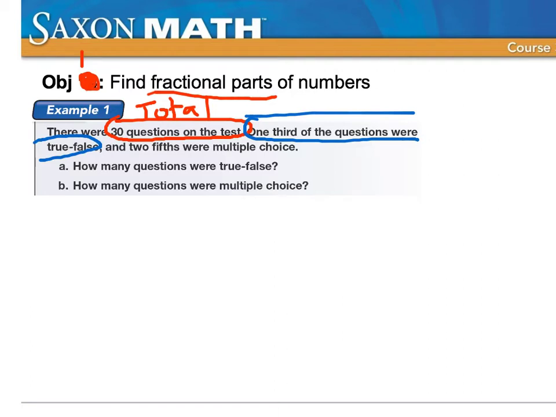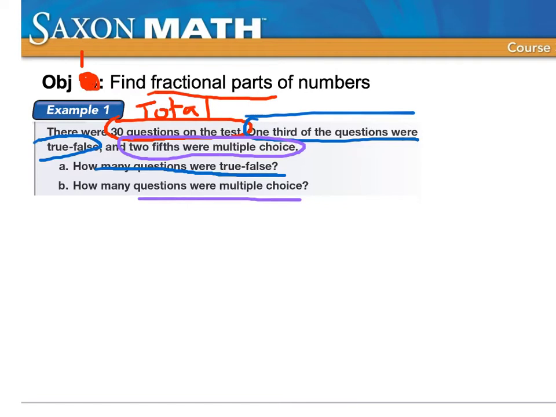Then we got different kinds of questions. We got some multiple choice questions. We'll make those this pretty purple color I got here. 2/5 of the questions were multiple choice. And the reason why I did that is because I got a part A and part B. My part A is asking me how many questions were true-false. That's the blue stuff. And my part B is asking me how many were multiple choice. That's the purple stuff.